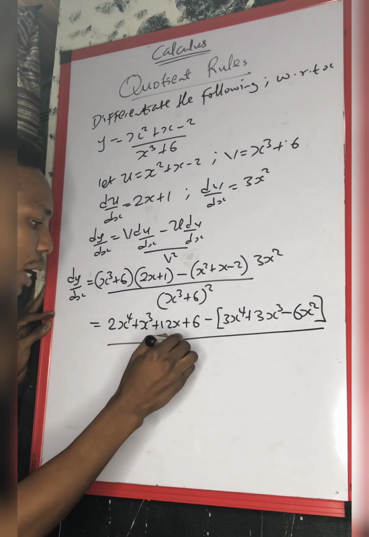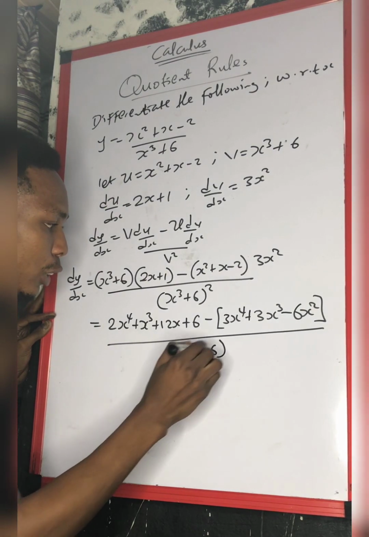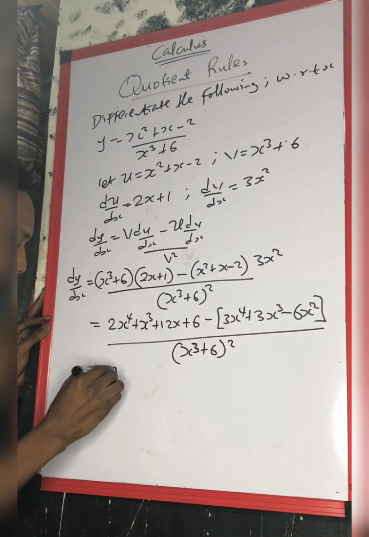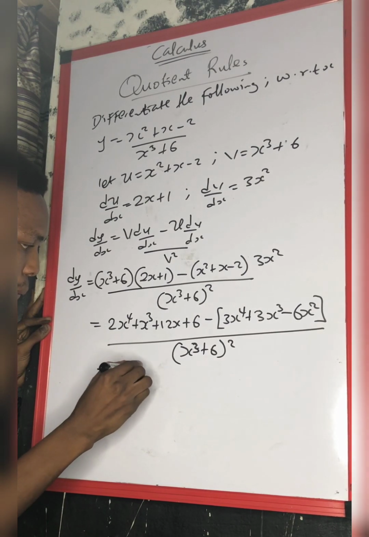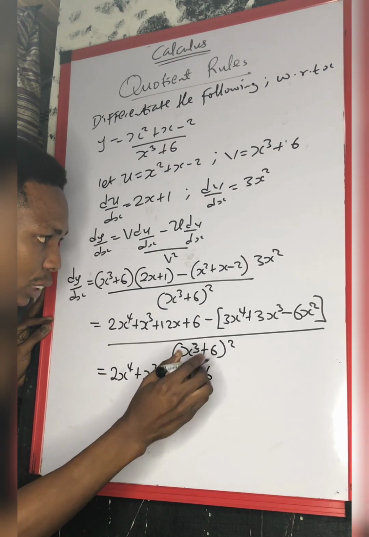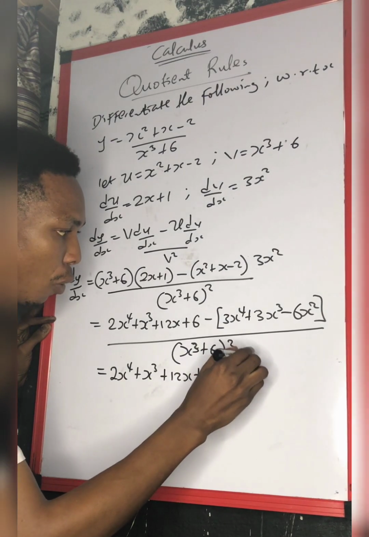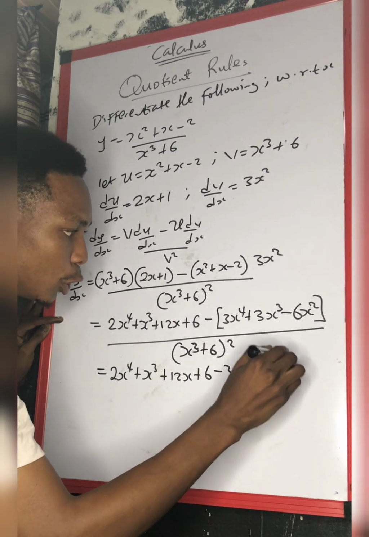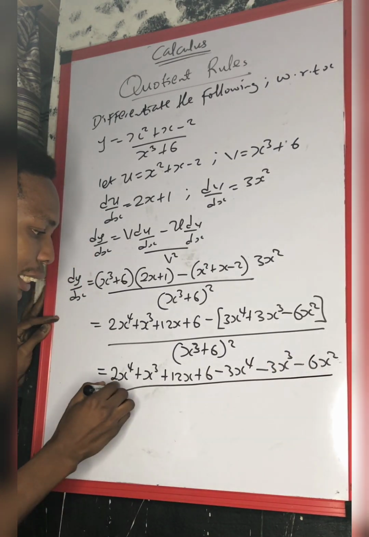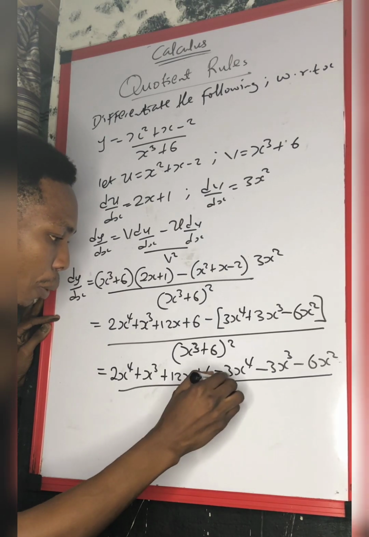Then all over (x cubed + 6) raised to power 2. So from there, we have 2x^4 plus x cubed plus 12x plus 6. Using minus to open all this becomes minus 3x^4 minus 3x cubed plus 6x squared, then all over the denominator, (x cubed + 6) raised to power 2.